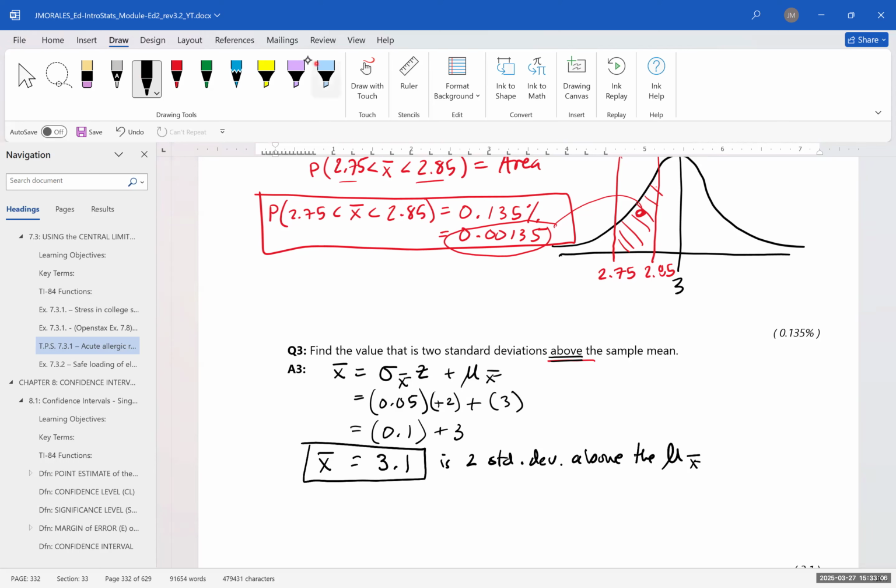Now, let me just, for fun, I know, for fun, right? If instead of above, this had been below the mean, we would have still used the same equation like this. But the difference here is that z would have been -2.